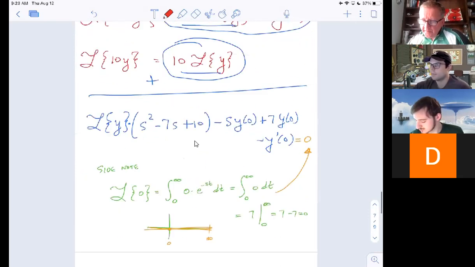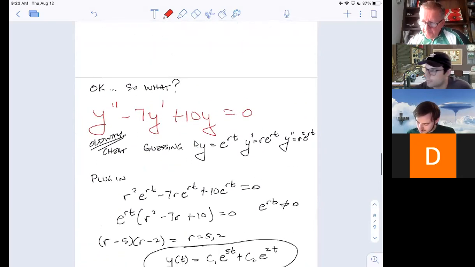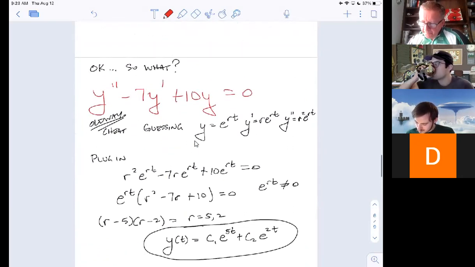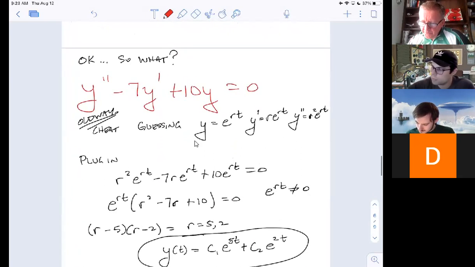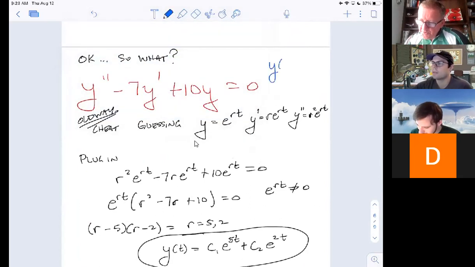So just to make this go a little nicer, let's go back and do that. Let's make this really easy, just to make it come out nice. Let's give the initial conditions y of 0 equals 0 and y prime of 0 equals 0.